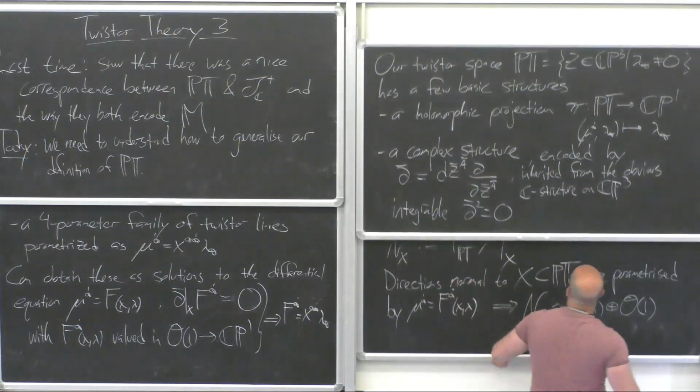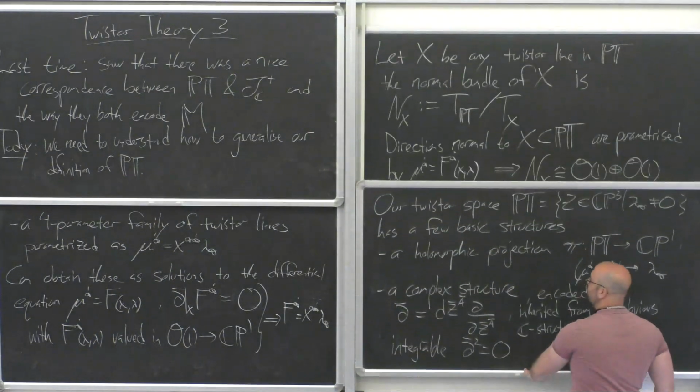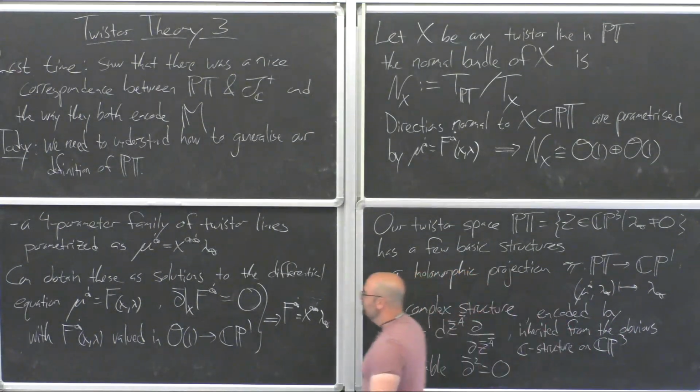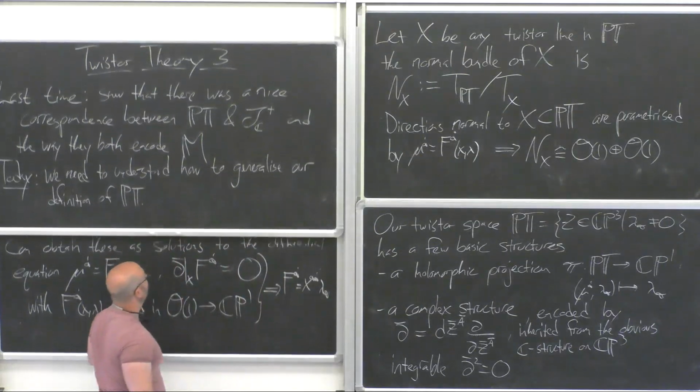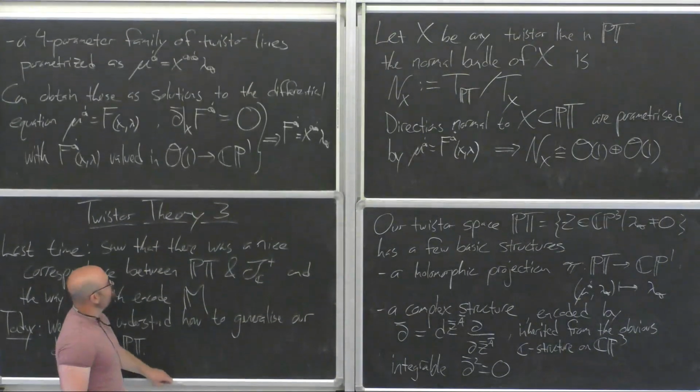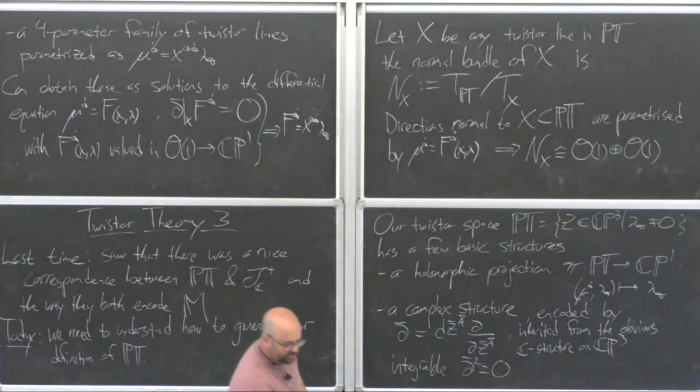There's another structure which we get for free on our twistor space, which we haven't really emphasized so far, which is the following.